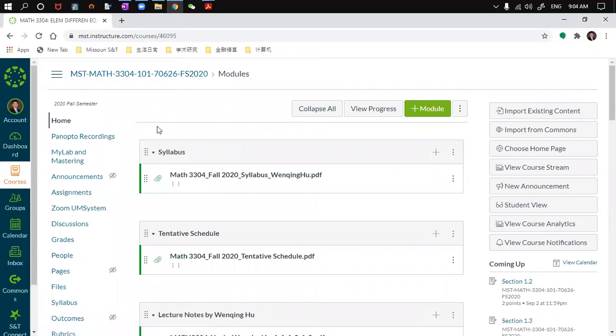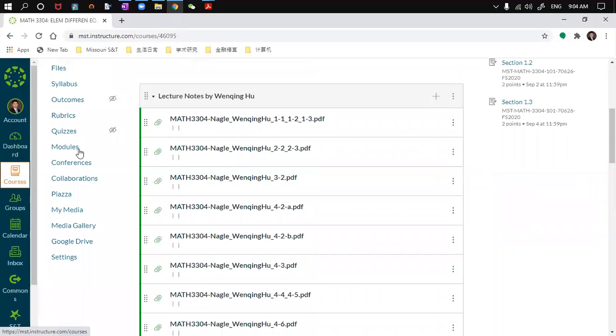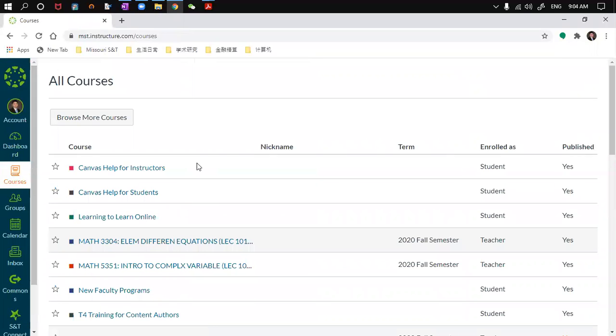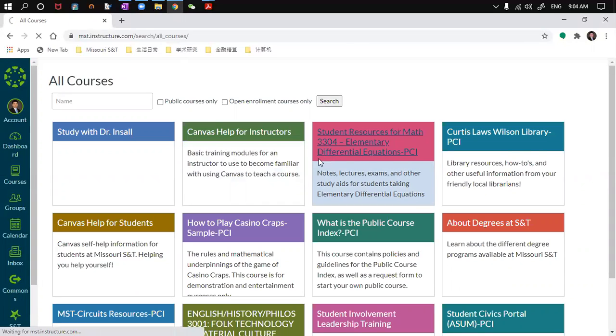But if you want to look at student resources, you should click the left column, Courses. Then scroll down to All Courses, click Browse more courses, and you're going to see student resources for Math 3304 Elementary Differential Equations.